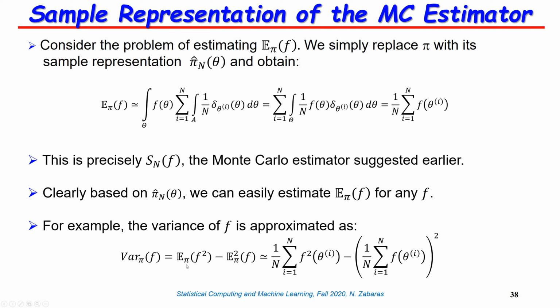But now instead of pi, I am going to use expectations with respect to the empirical distribution pi hat. And this is what I have here for the two estimators.